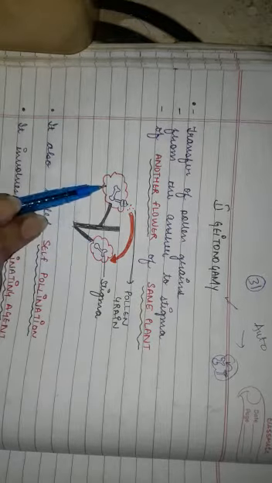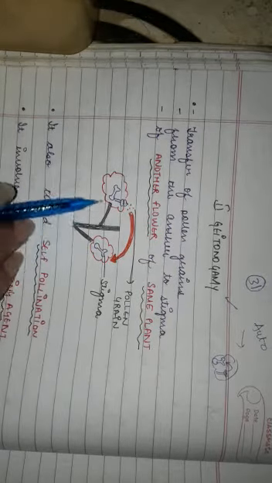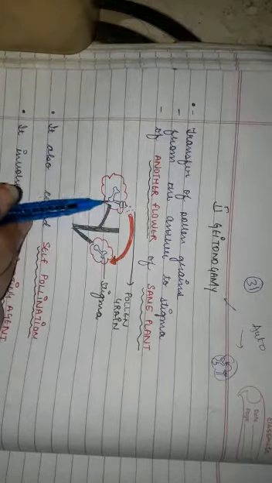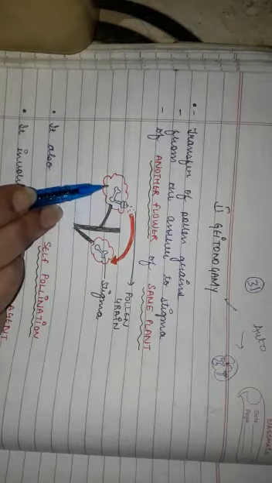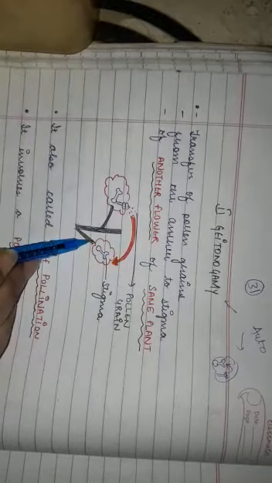But if the pollen grains are transferred from the stamen of one flower to the stigma of another flower but within the same plant, then this process is called geitonogamy, and this is also called self-pollination, and it involves a pollinating agent.